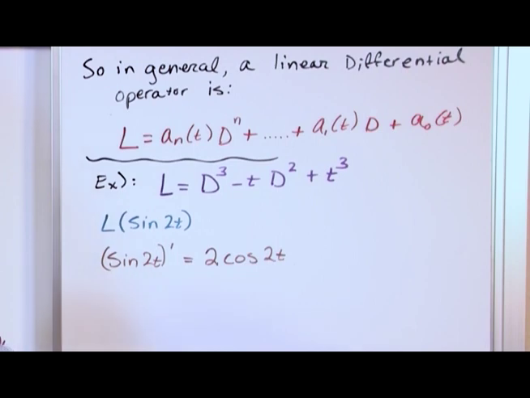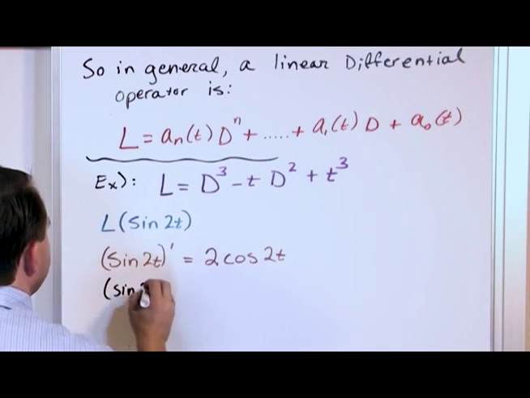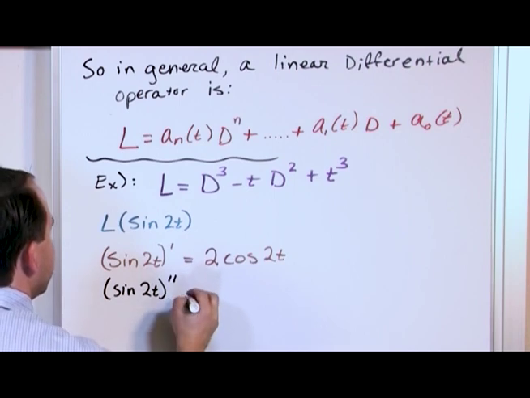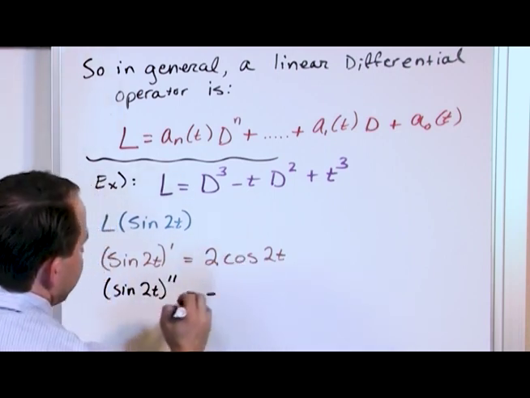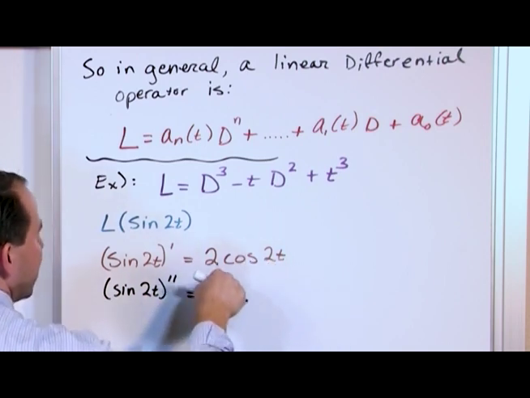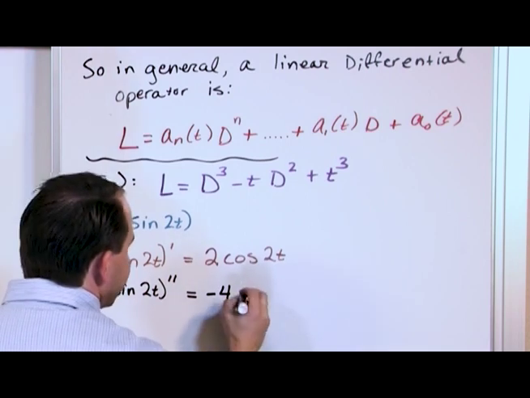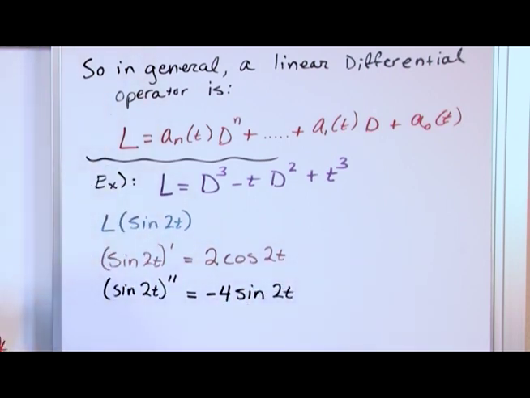Now, if I want to take the second derivative, sine of 2t, second derivative, I need to take what I have and take the derivative again. So derivative of cosine is negative sine, so I'm going to have negative 2 times 2, because this 2 is going to come out, it's going to give me 4. Derivative of cosine is, like we said, negative sine, so we'll have sine of 2t. Right? So that's what we get there.